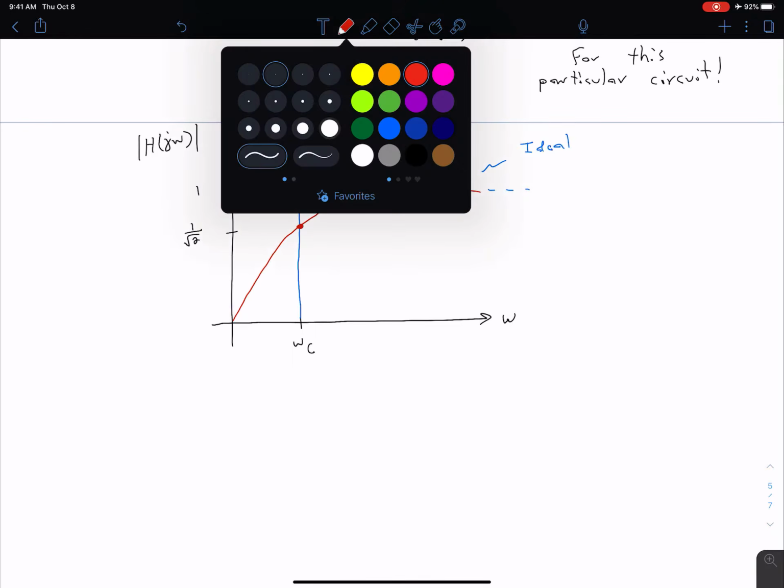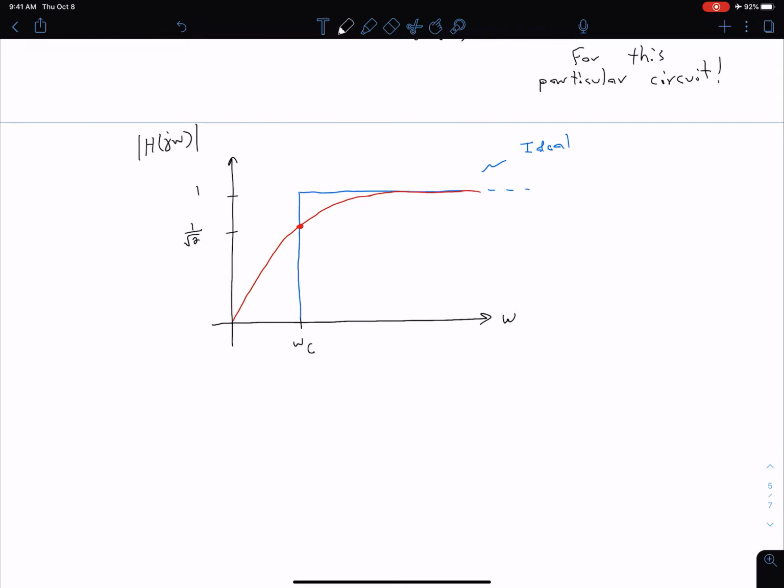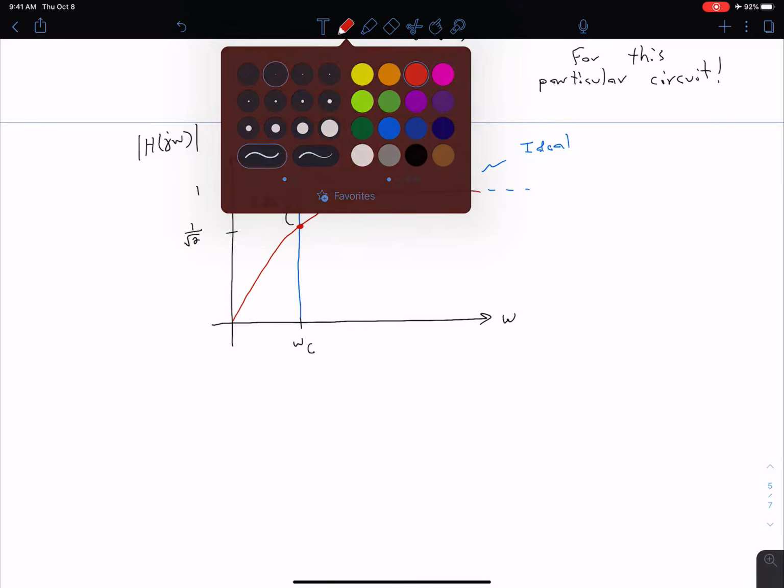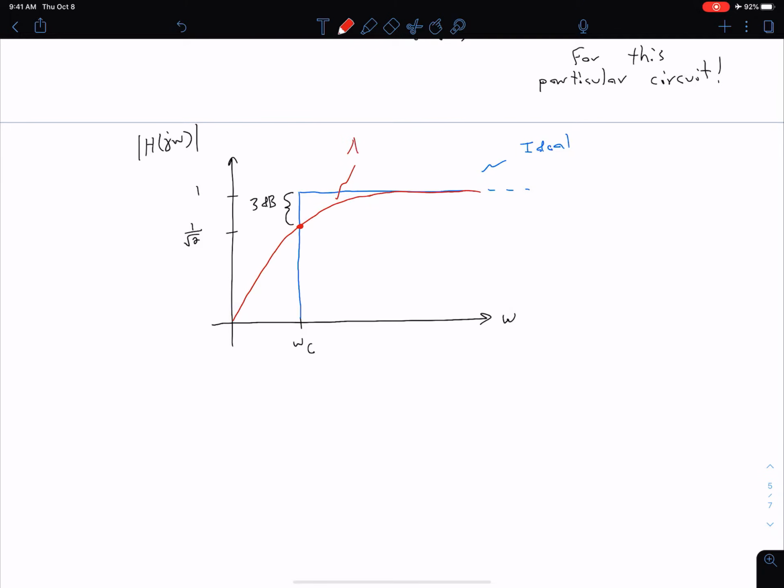Like we saw with our low pass filter, the difference between this top corner of our ideal filter and where we're actually at omega c is going to be a value of 3 decibels. So that's again why we call this omega c our 3 dB frequency.